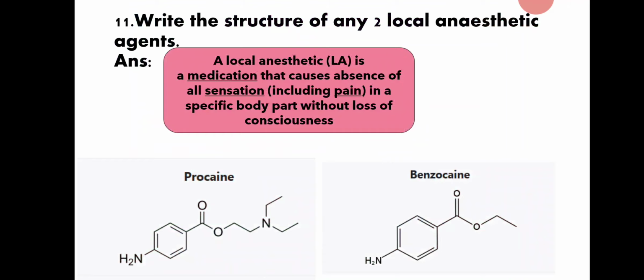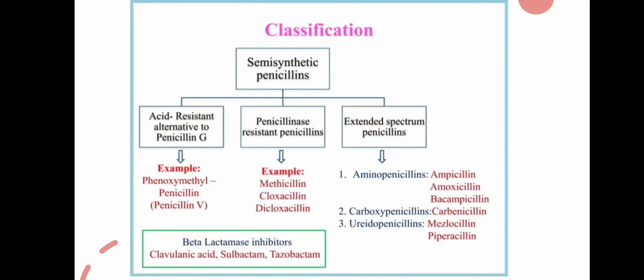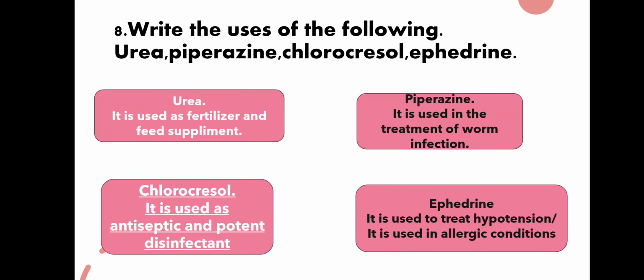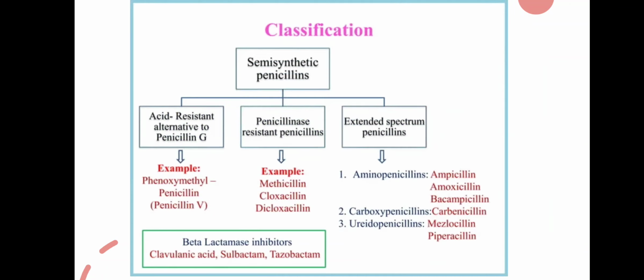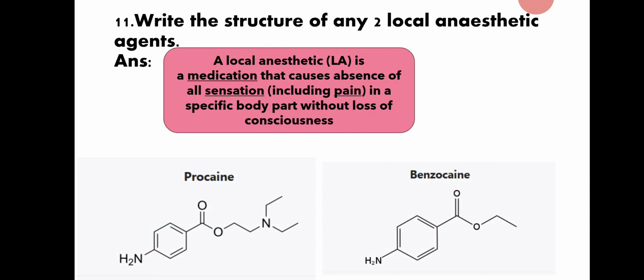Write the structure of any 2 local anesthetic agents. First you write what these local anesthetics are. A local anesthetic is a medication that causes absence of all sensation, including pain, in a specific body part without any loss of consciousness.